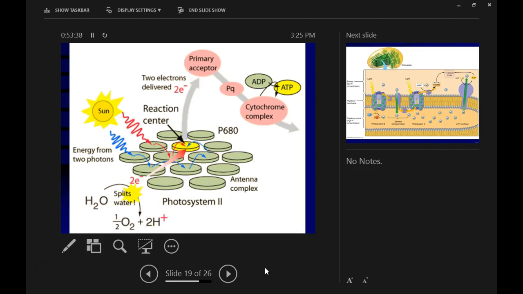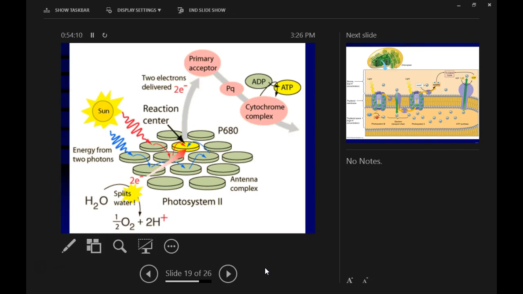Light energy: our chlorophyll A absorbs the wavelengths of light. It boosts the electrons of the chlorophyll A pigment molecules. Those electrons get boosted to a high energy level. They drop back down. They pass their energy to the adjacent ones. And they keep bouncing from one chlorophyll molecule to the next until we get to our reaction center.